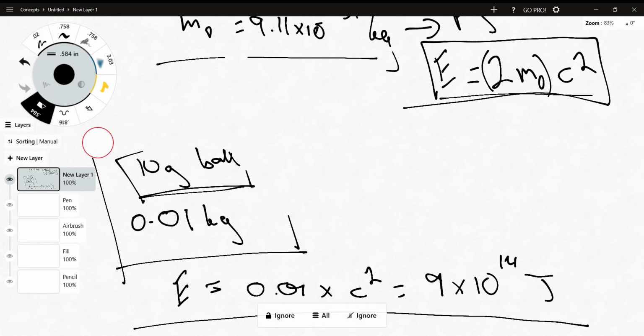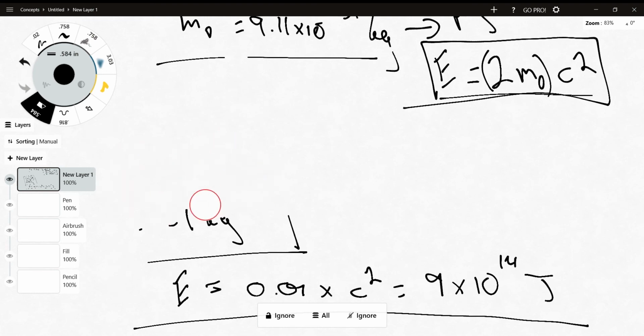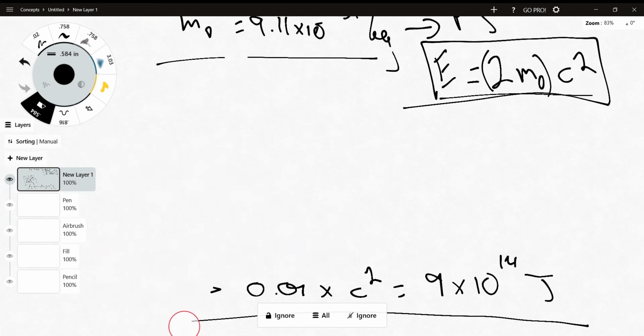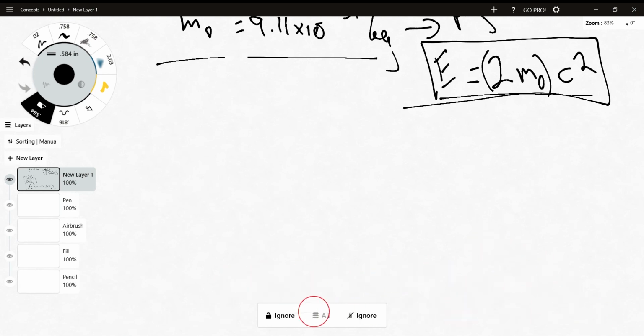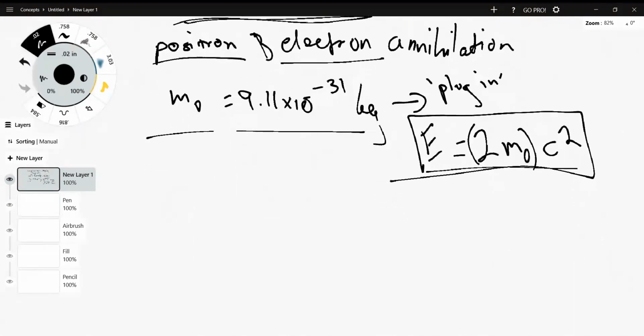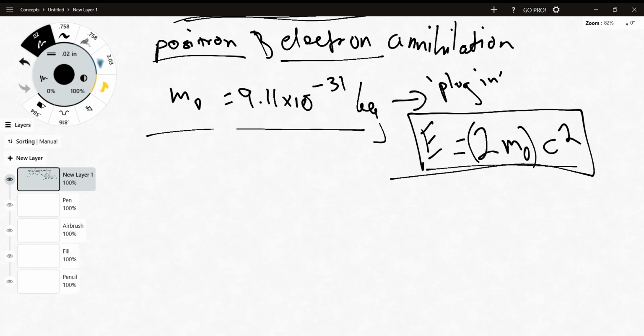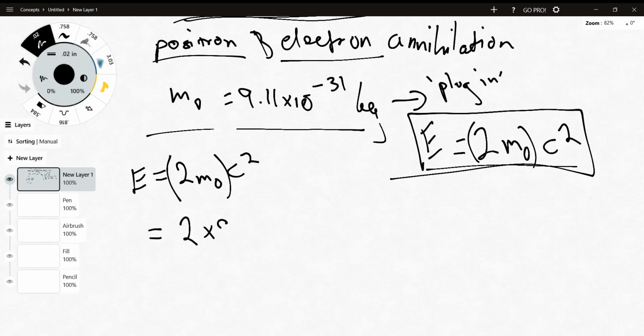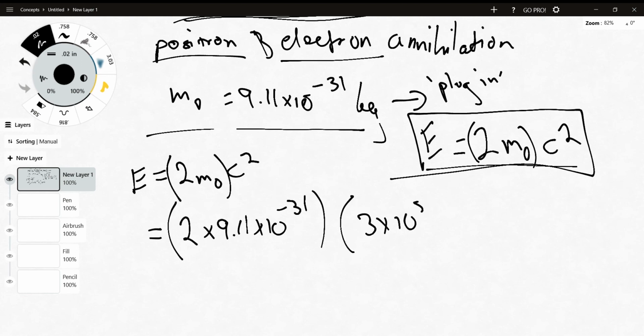With the scale of energy in mind for the mass-energy relation, we can now calculate and inspect this positron-electron annihilation. So we go back up here and solve our formula, E equals 2m0 c squared, equals 2 times 9.11 times 10 to the minus 31 times 3 times 10 to the 8th, squared.